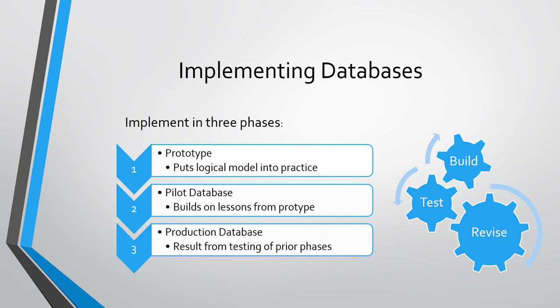And after that, you will build, test, and revise, and probably test again and revise and maybe build on and keep doing these steps until you've finally got a database that you think you'd like to implement.